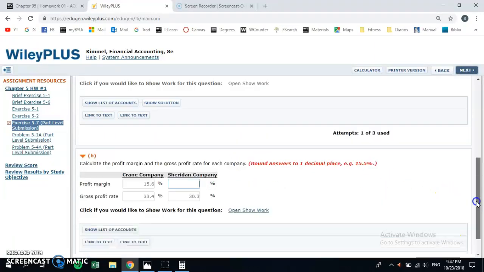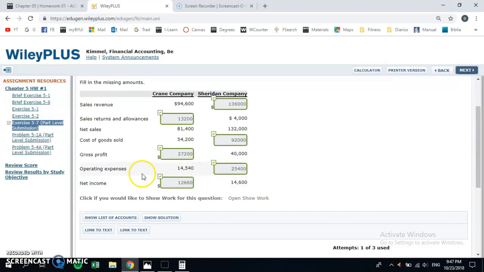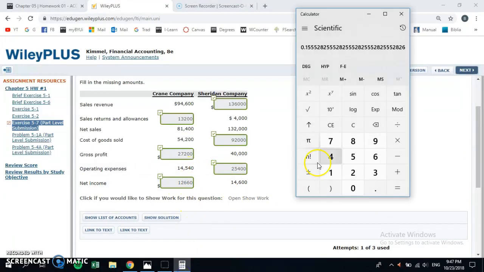We'll see. So, for the other company, net income divided by net sales. Net income is 14,600 divided by net sales, which is 132,000.